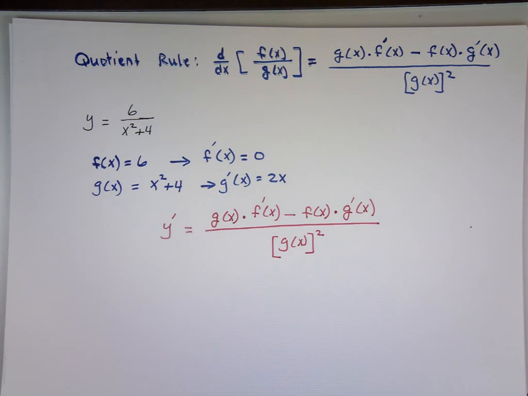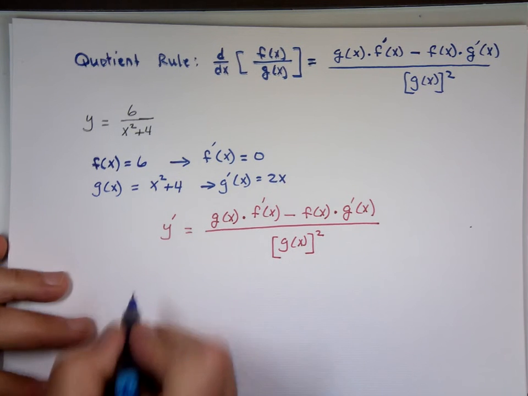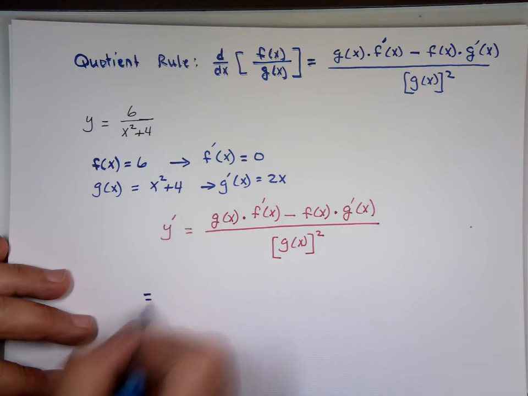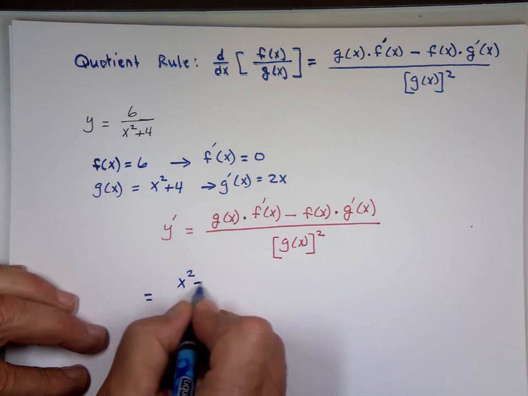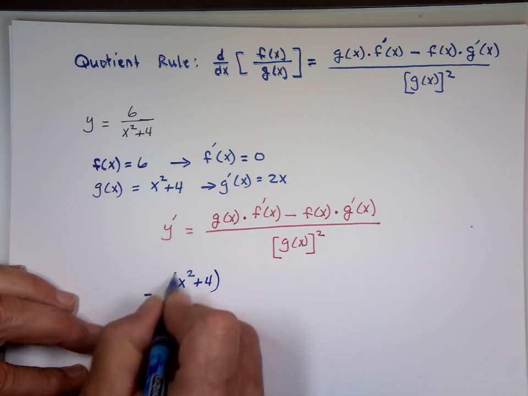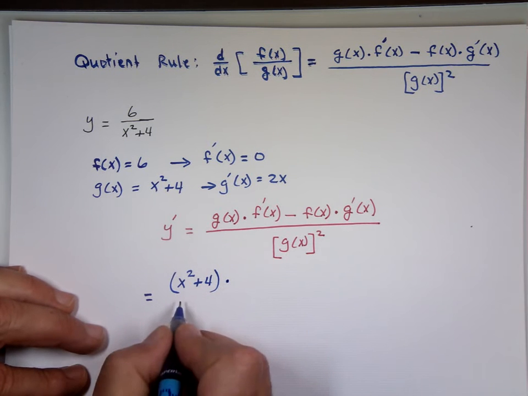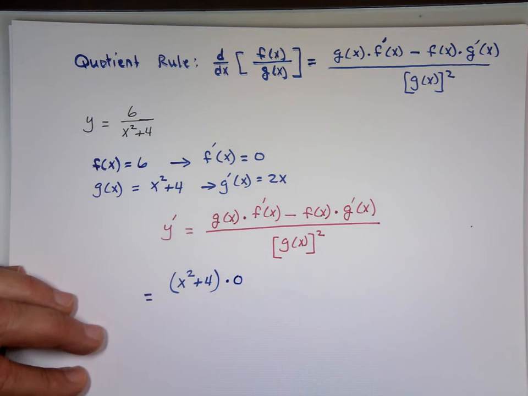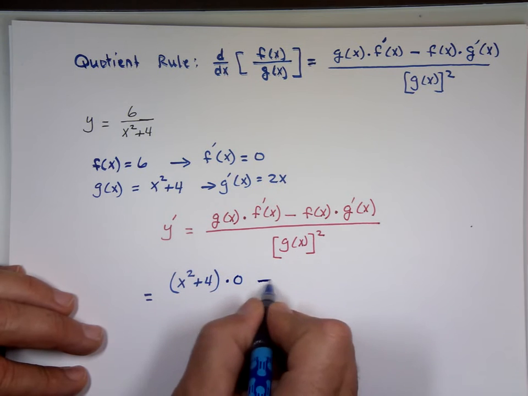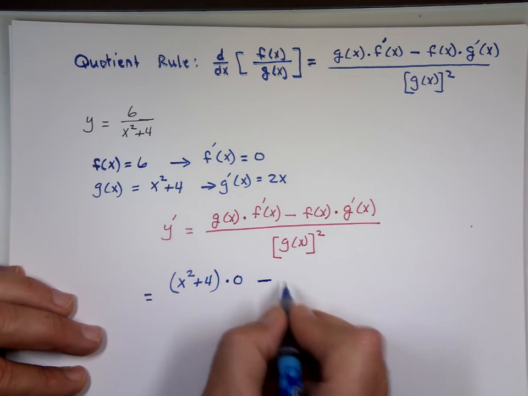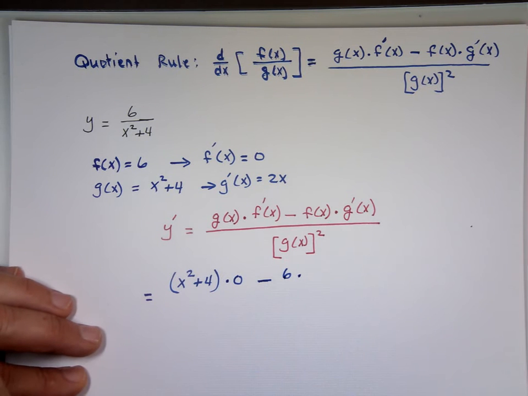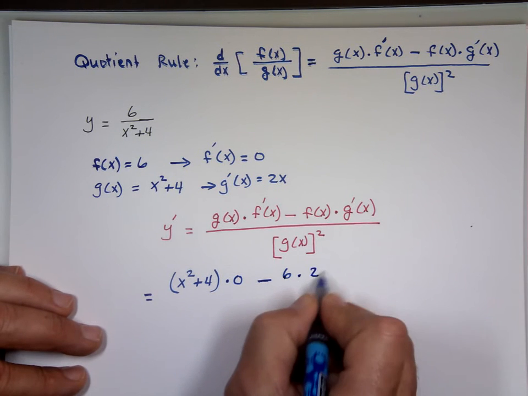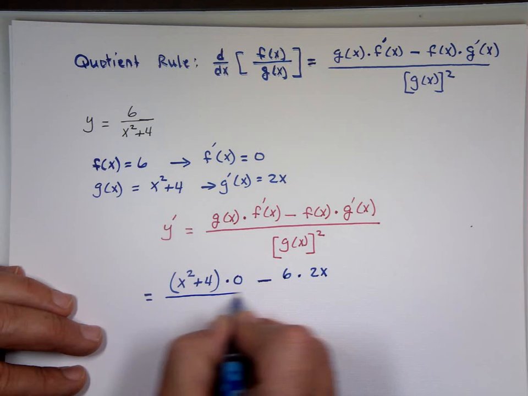And if we fill in the blanks in it, we should be in good shape. What's g of x? x squared plus 4. What's f prime? 0. Minus f of x, which is what? 6. Times g prime, which is what? 2x. All of that divided by the bottom squared.